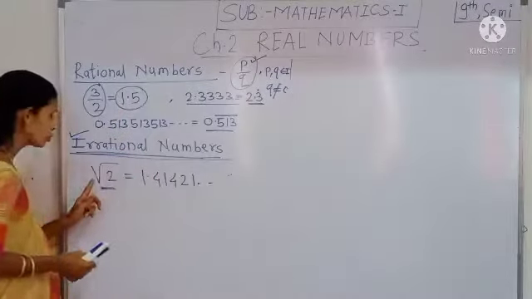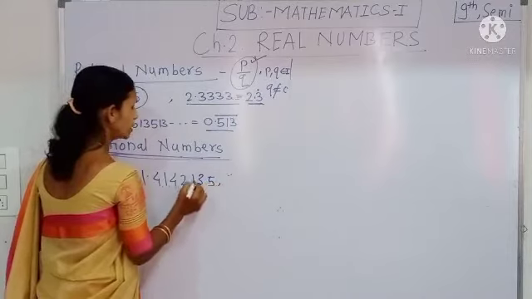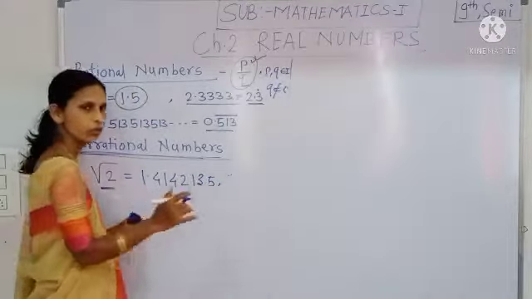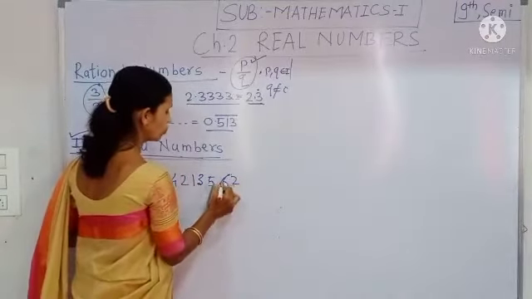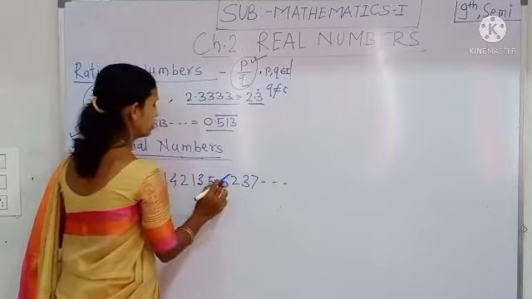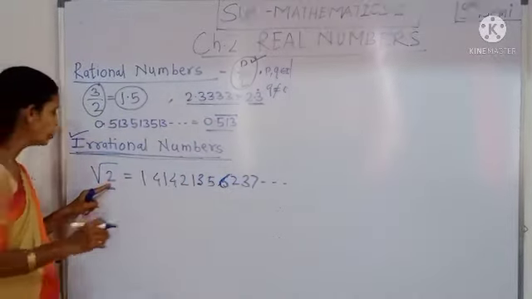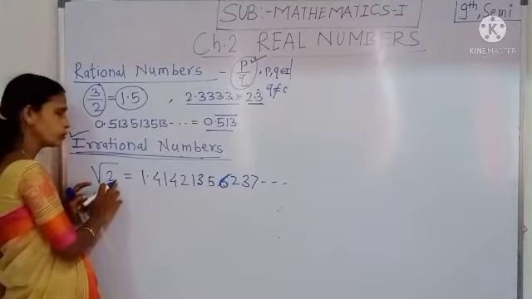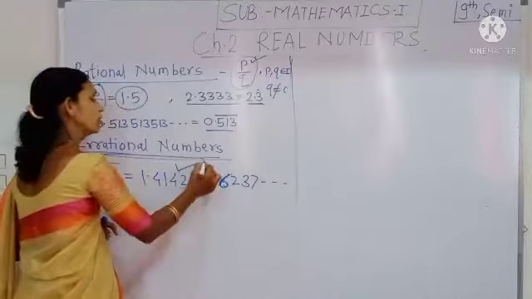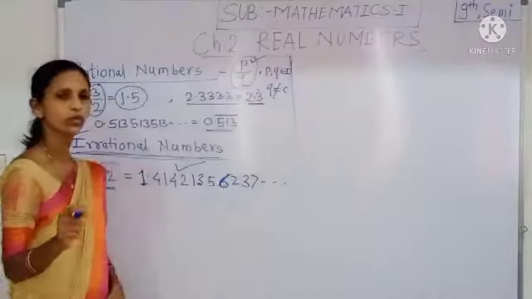Similarly, see here, root 2 we get the value in decimal form, that is 1.4142135627... Then if we find the value of square root of 2 by the division method, we get this value, that is the decimal form of root 2.